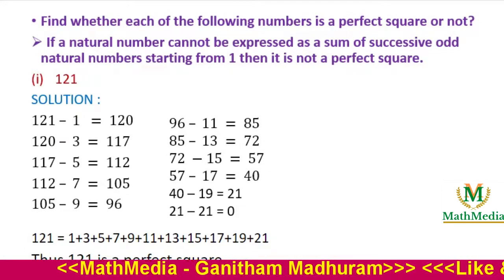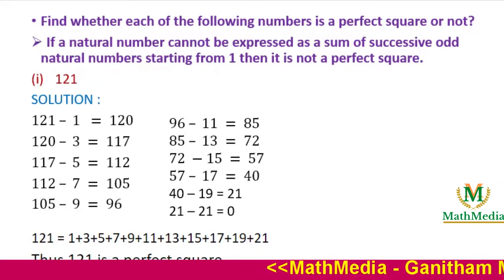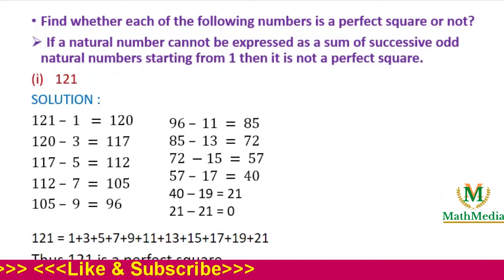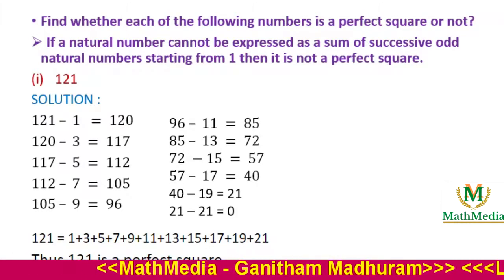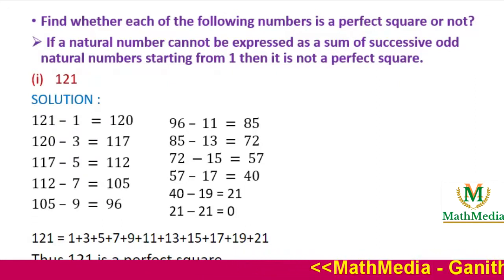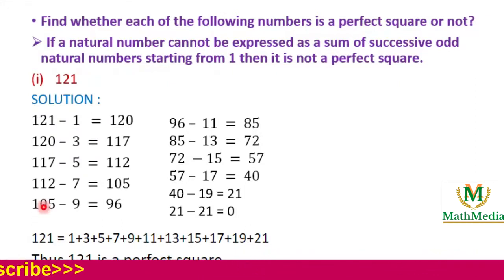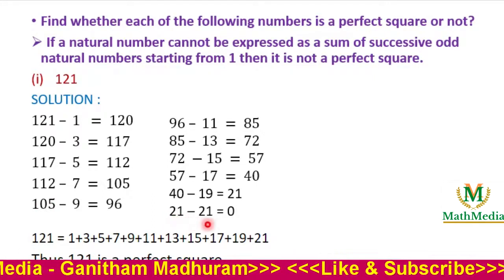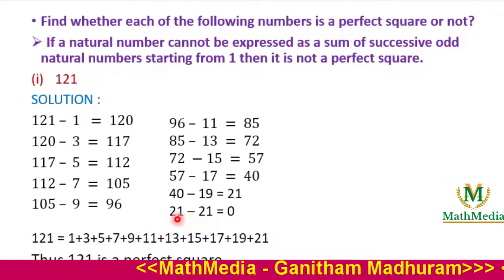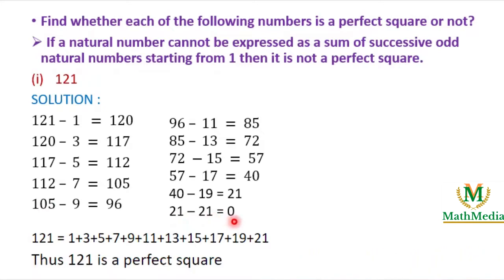So 72 minus 15 equal to 57. 57 minus 17 equal to 40. 40 minus 19 equal to 21. And 21 minus the next odd number, 21. Hence 21 minus 21 equal to 0. We reached the number 0 here.